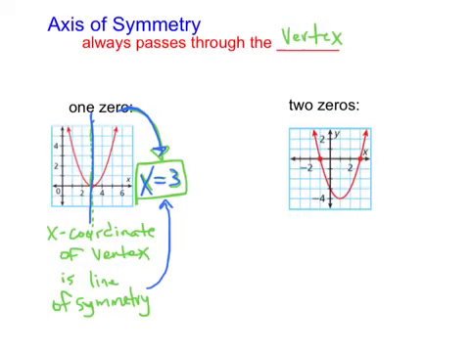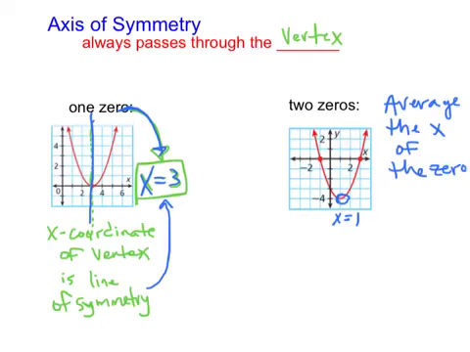Now when we have two zeros, sure, we can go here and find the x coordinate of our axis, which ends up being x equals 1. But what we can also do is take the average of the x values of the zeros.